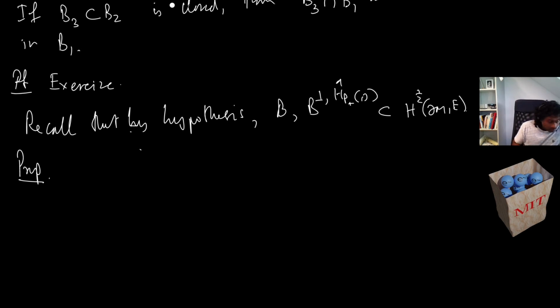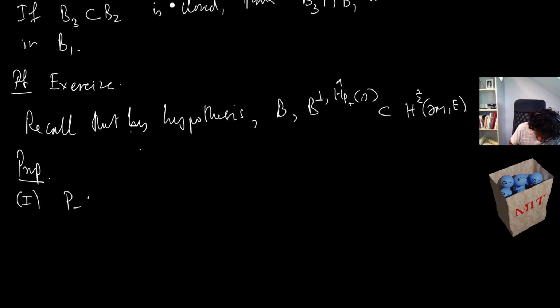Okay, so the proposition. Throughout we're going to fix the spaces that we had before. Whenever I refer to W plus, V minus, etc., it's going to be those explicit spaces that we constructed.